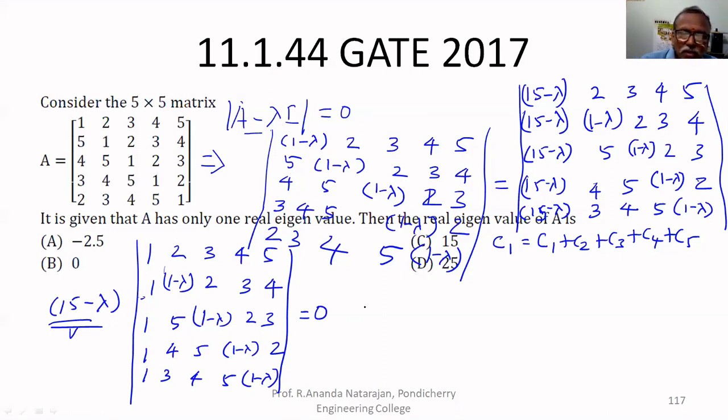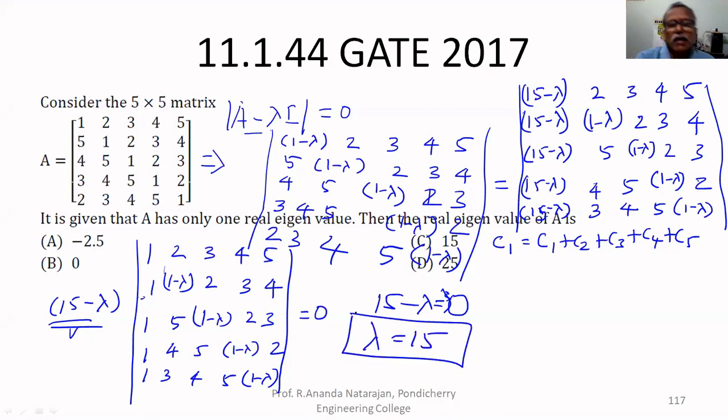Therefore 15 minus lambda equals 0, so lambda equals 15. We got the one real eigenvalue, lambda equal to 15. Therefore, the answer is C.